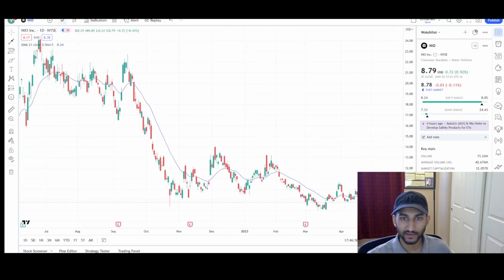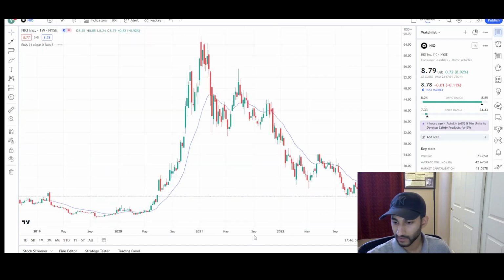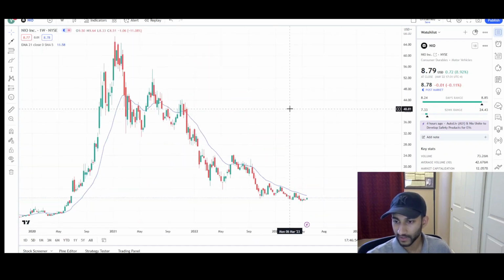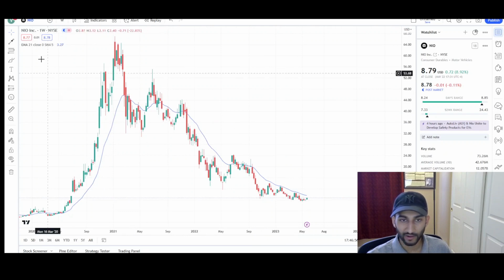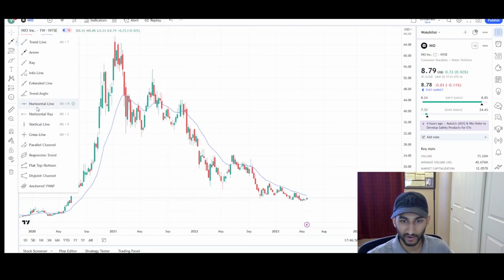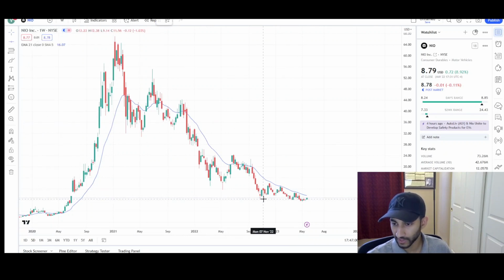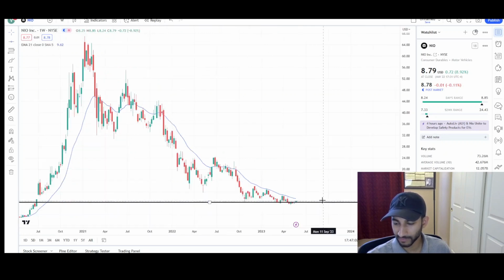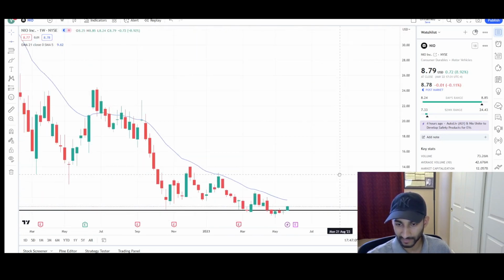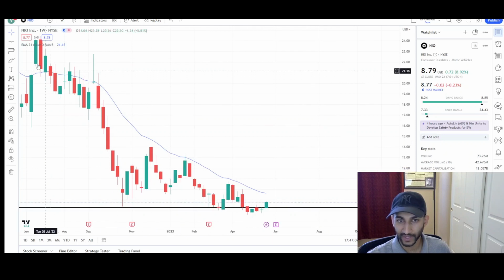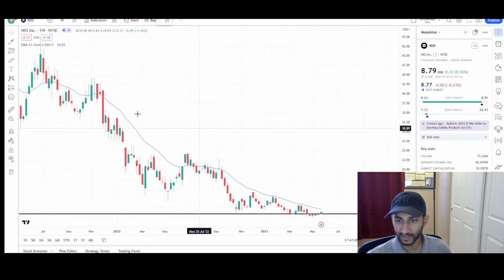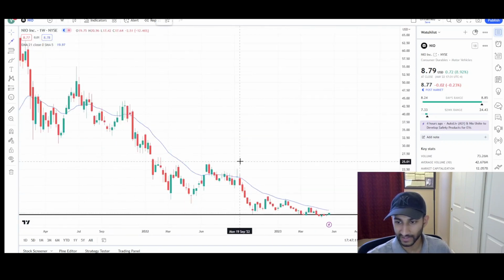Let's take a look at NIO on the weekly chart. Here we have the weekly chart for NIO, and we're practically out at the all-time lows of the downtrend. Not all-time lows for NIO, but all-time lows of the downtrend. So we're going to see pullbacks occur. You can see how this EMA is acting as overhead resistance. Prices have been above it, but they cannot stay above it.